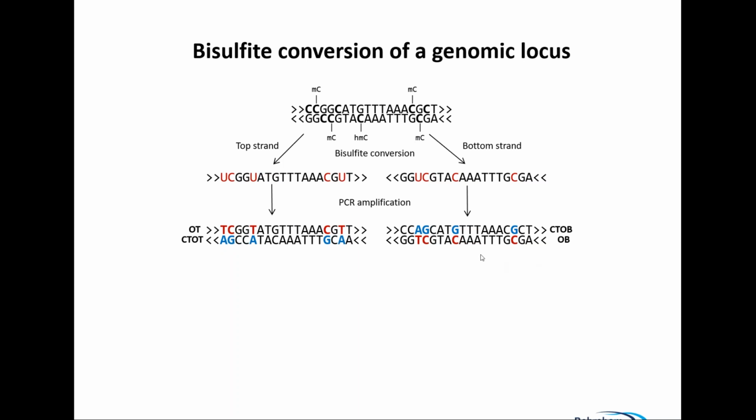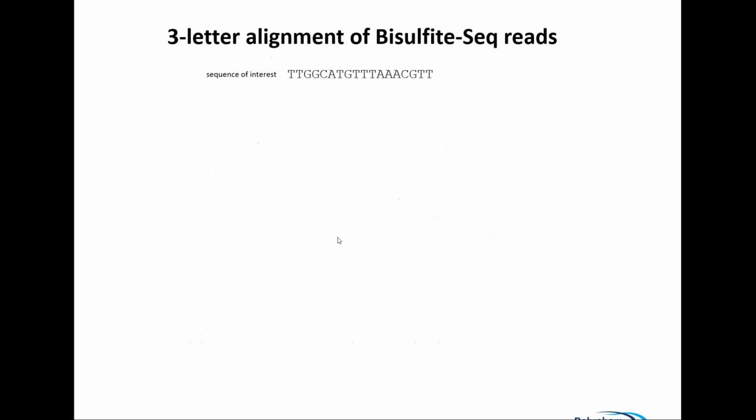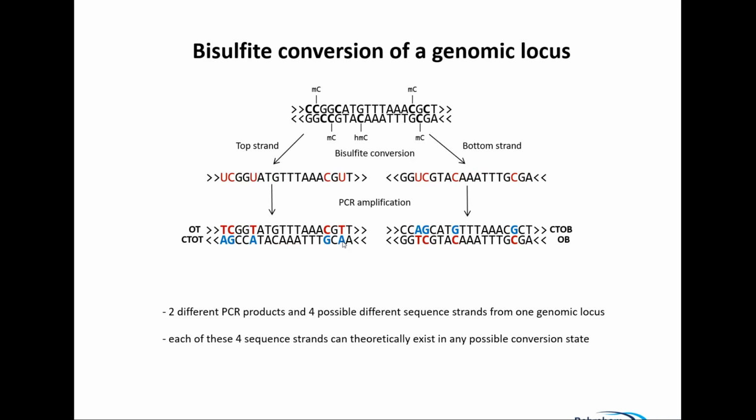And this is a problem, because we need to align, or we need to find out where the sequence came from. And the problems here are that for any given single genomic locus, we now have 2 different PCR products, and we can, in theory, also have all 4 different sequences, so the original top strand, the original bottom strand, and the complementary versions as well, in the mix of what comes off a sequencer, and we need to find out where it comes from.